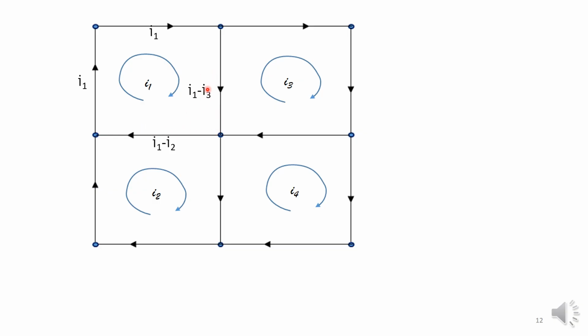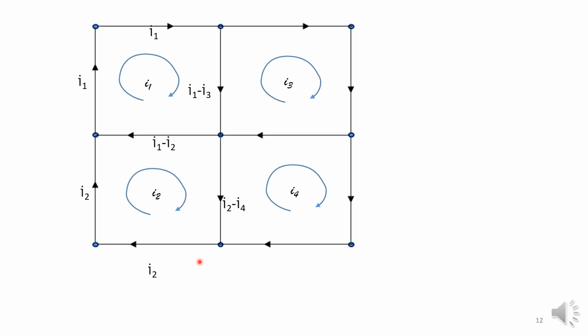I'll get to the minus I3 and the minus I2 later as we go along, but you can see here that each branch here has I1 in it, and is plus I1 because it goes in the same direction as the loop here, the clockwise direction. Now let's go to I2. I2 is again in a clockwise direction.